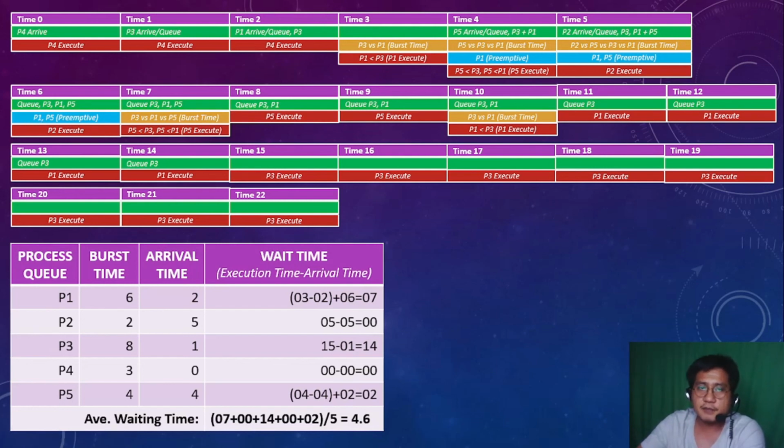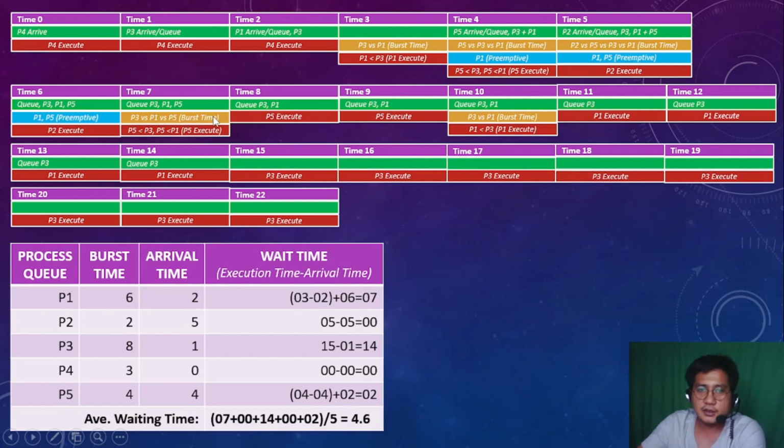Now, since P2 has only burst time of 2 and is already completed at time 6, at around time 7, the central processing unit will compare the burst time of P3, P1, and P5.